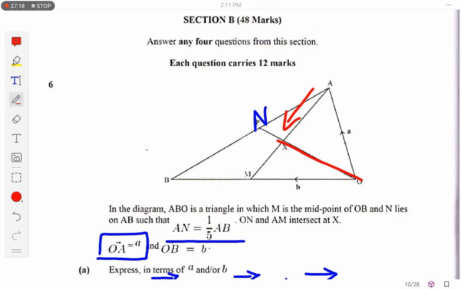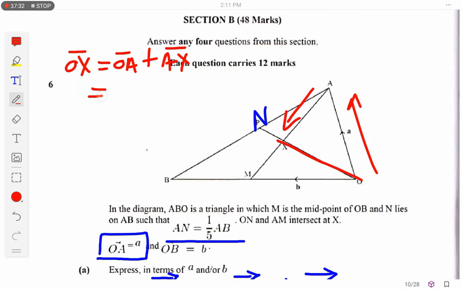Okay, so we can get to OX using OA plus AX. So we are simply saying our OX is equal to OA plus AX. When we substitute, we get our A plus AX. We got our AX as minus HA plus half HB.